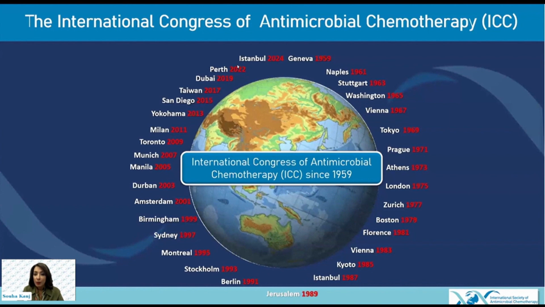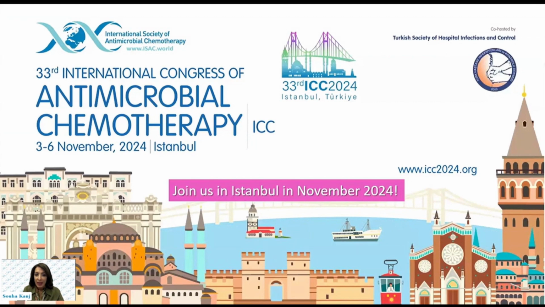More recently, we had the ICC in 2019 in Dubai, and the last prior one was in Perth, Australia in 2022. The next ICC will happen this year, November 3 to 6, 2024, in the beautiful city of Istanbul, in collaboration with the Turkish Society of Hospital Infection and Control.